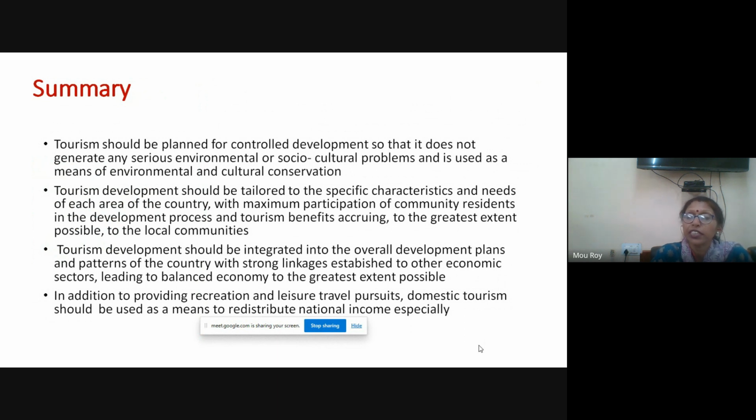And it should be tailored in such a way that the needs and wants of the specific area of the country are being met with maximum participation of the community residents in the development process and tourism benefits.